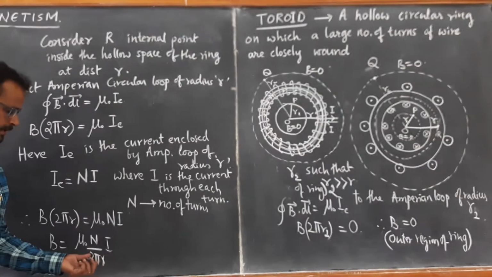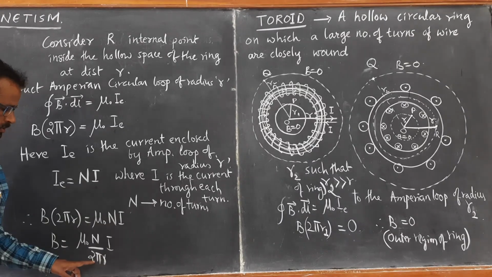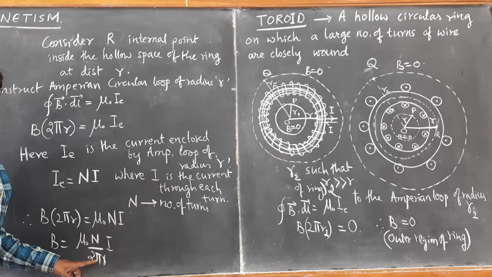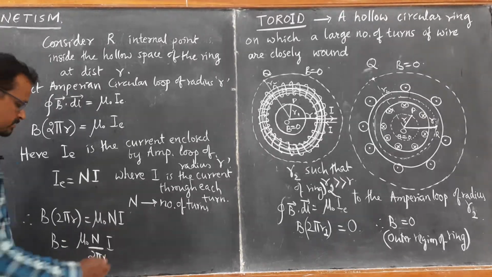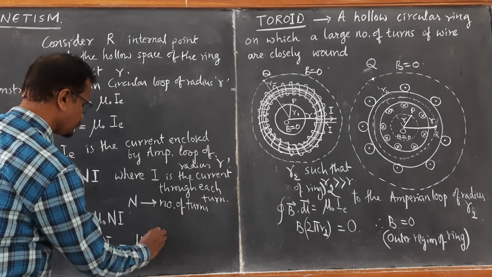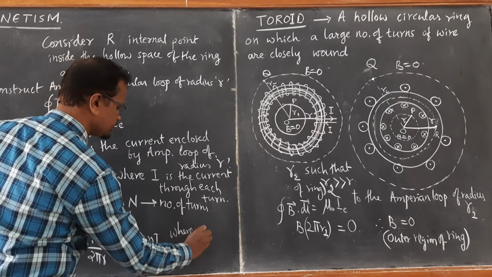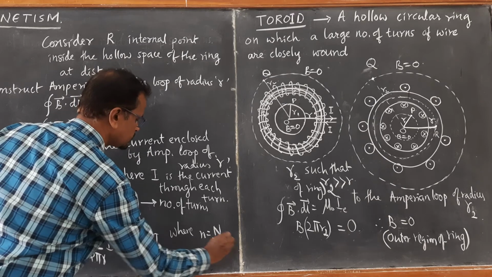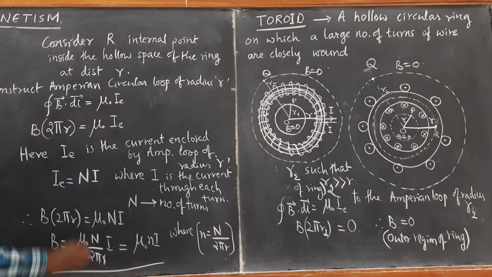Therefore N by 2 pi r gives you the number of turns per unit length, because the total length of the whole wire that is wound is 2 pi r, where r is the average radius. Therefore this can be written as mu naught times small n I, where small n is equal to N upon 2 pi r. So this is how we get the equation for the magnetic field due to a toroid.